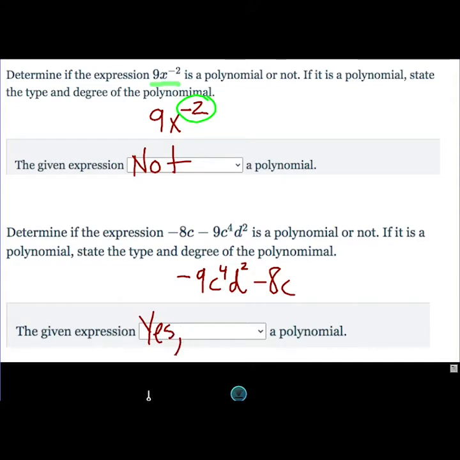Okay, so what kind is it? Well, it has two terms, so binomial. And then what's its degree? Well, we take the sum of the highest exponents. So 4 plus 2 is 6. That's going to make this degree 6. Done deal.